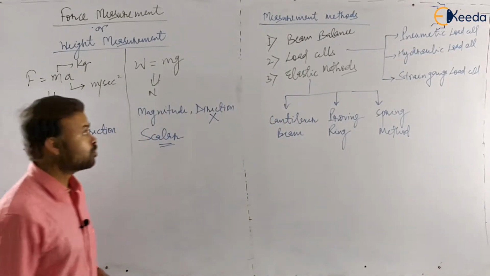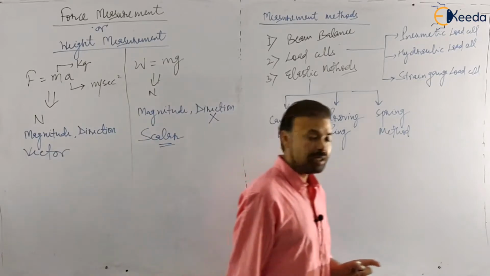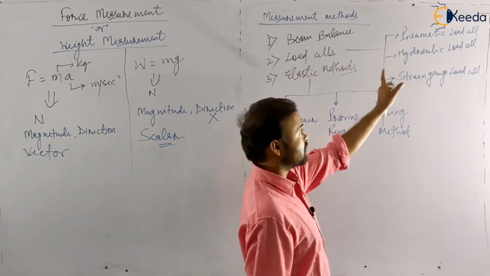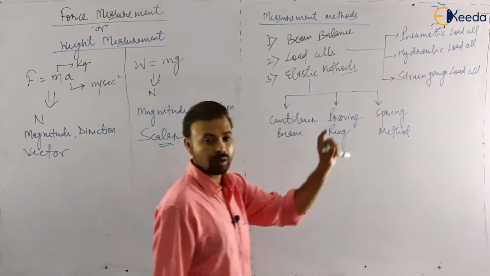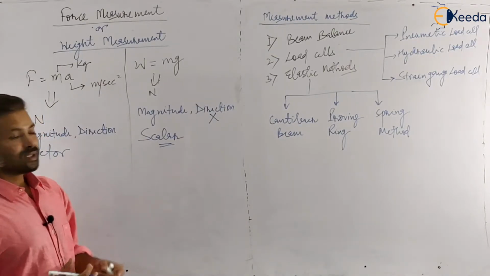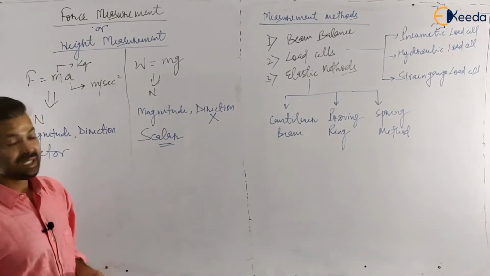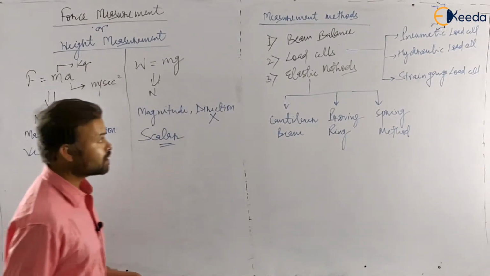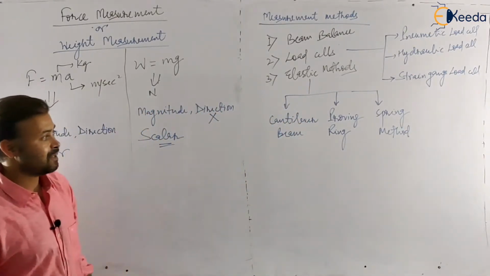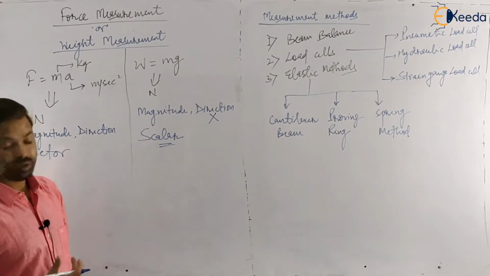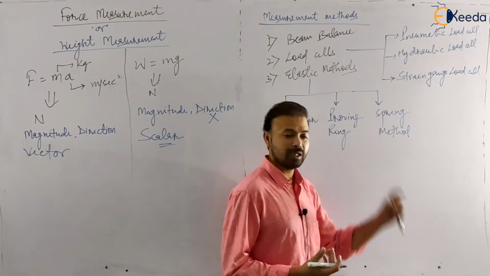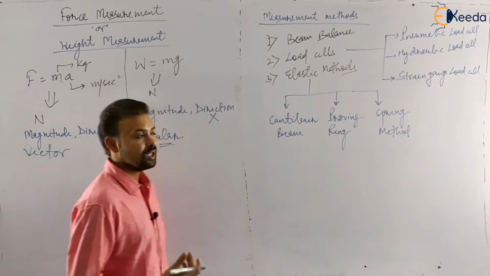Beam balance we are going to talk about shortly, but all the methods in the load cells, that is pneumatic load cell, hydraulic load cell, strain gauge load cell, are force sensitive, or we can say pressure sensitive elements. Similarly, in the elastic methods, cantilever beams are force sensitive, proving rings are also force sensitive, and spring is also a force sensitive element.